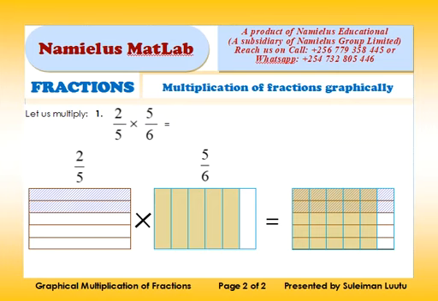Can we count all the partitions together? Now the partitions have become 1, 2, 3, 4, 5, 6, 7, 8, 9, 10, 11, 12, 13, 14, 15, 16, 17, 18, 19, 20, 21, 22, 23, 24, 25, 26, 27, 28, 29, 30. So there are now 30 partitions in total.